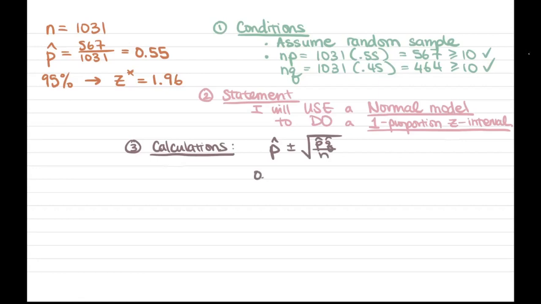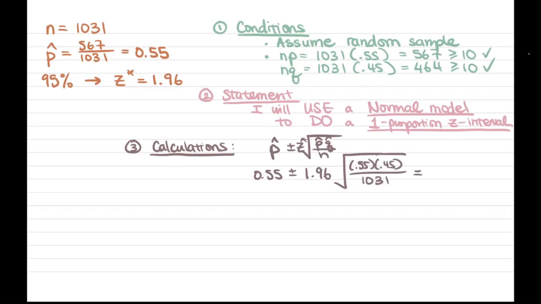So we got 0.55 plus or minus, oh sorry, I forgot the z star, squeeze that in there, 1.96 times the square root of 0.55 times 0.45 all over 1,031.